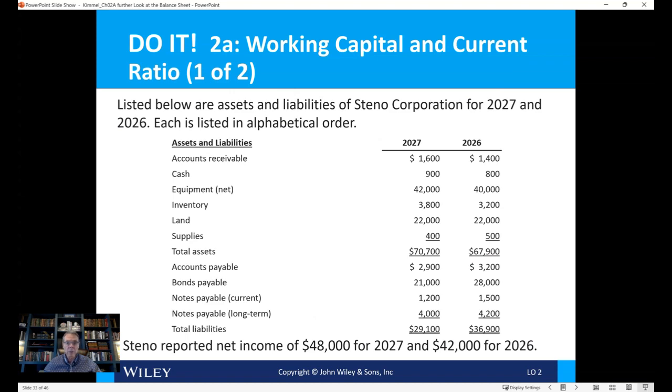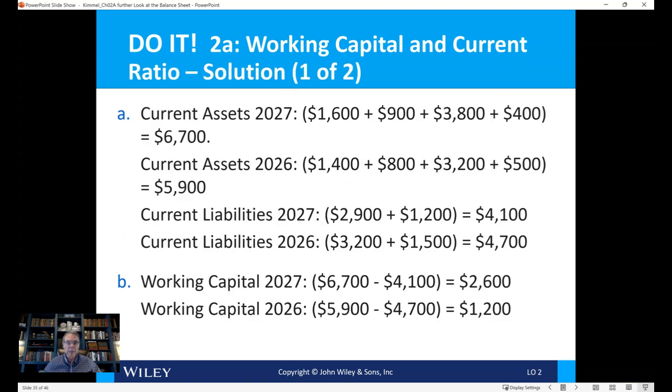And so here are all of the assets and liabilities, and they're just going to compute the assets. So total current assets is 6,700 for 2027. For 2026, it's 5,900. Current liabilities in 2027 is 4,100. 2026 is 4,700. So current assets minus current liabilities is 2,600. And working capital in 2026 is 1,200. So you can see that the working capital increased.